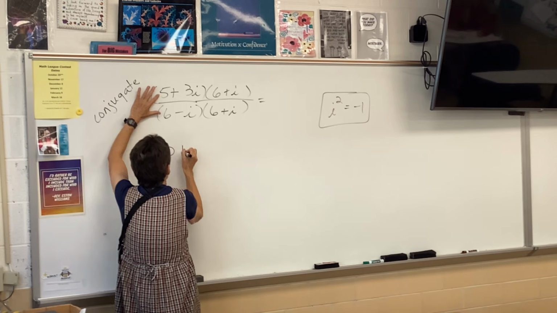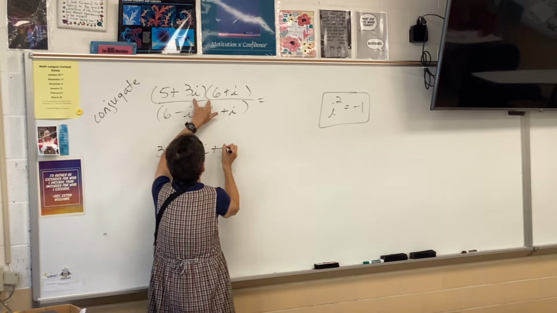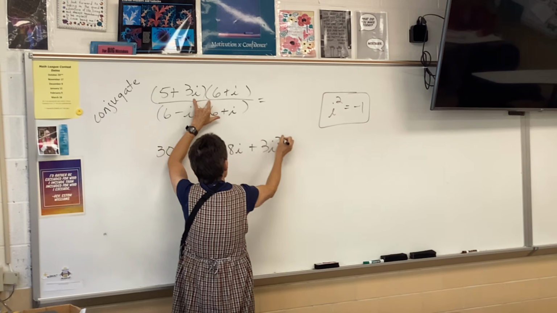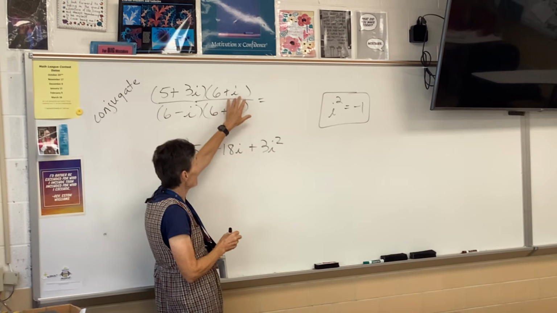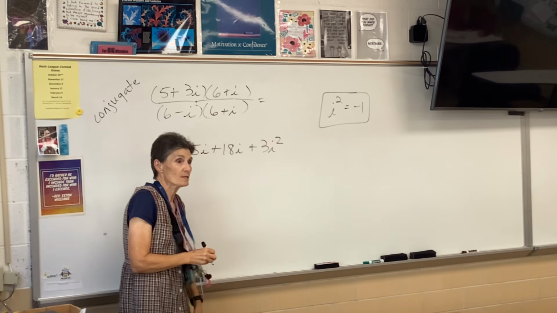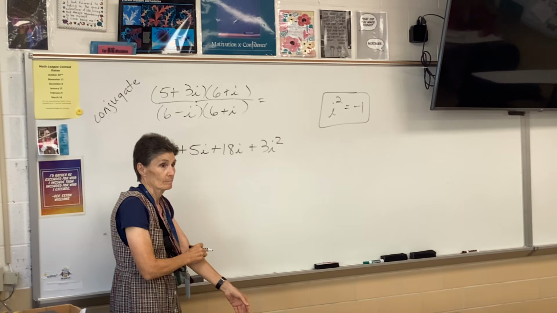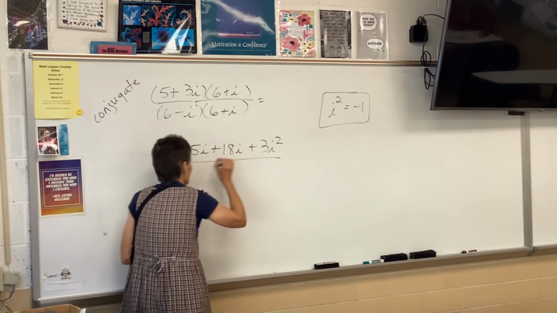First, outside, inside, last. Remember, when you multiply a 3i times an i, you're going to get 3i squared. And we're going to do something with that, but not yet, one thing at a time.